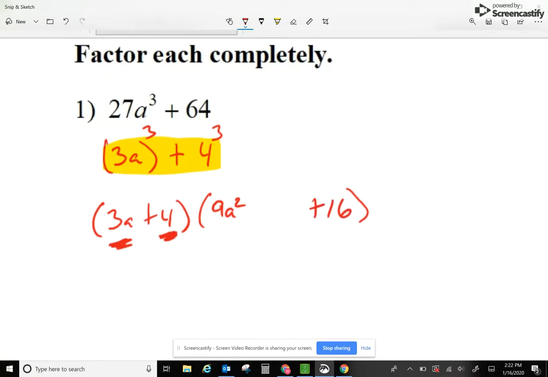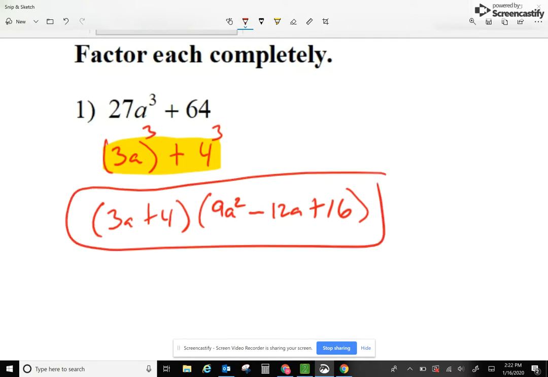Now, for my middle term, because I said there was going to be 3, I see a plus in the first parentheses, so I'm going to go minus. I'm going to use the opposite sign and then multiply the 2 terms from the first parentheses. 3a times 4 gives me 12a. This is it.